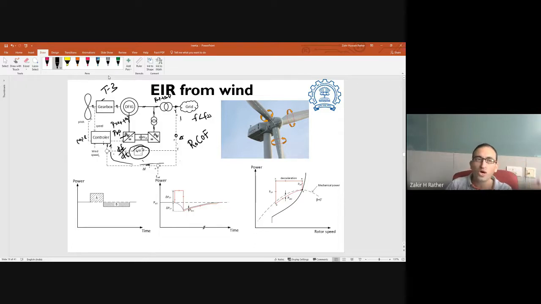Now you are not able to get additional power from the aerodynamic power, that is the wind, because you are already operating at the maximum power point. So what will happen in this case? This delta P additional power will be extracted from the rotational energy of this machine. There is pitch control with the blades that comes into the picture in some cases, but primarily it decreases the speed of this machine.